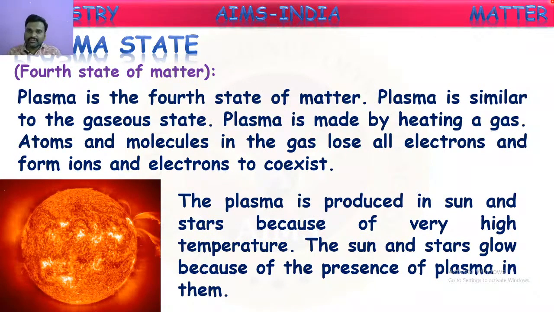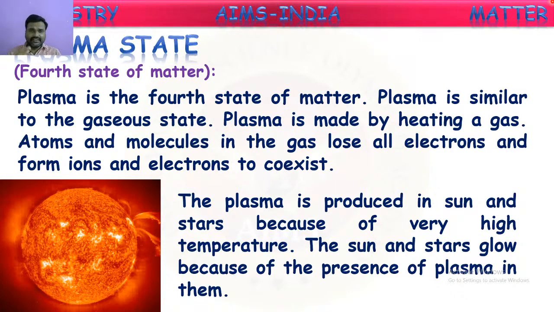But the point here is, when this hydrogen gas converts into helium form, an enormous amount of energy is released in the form of heat from the gas. Because of that high temperature heat energy, the gases present in the sun and stars will be excited, means they lose all the electrons present in their atoms.